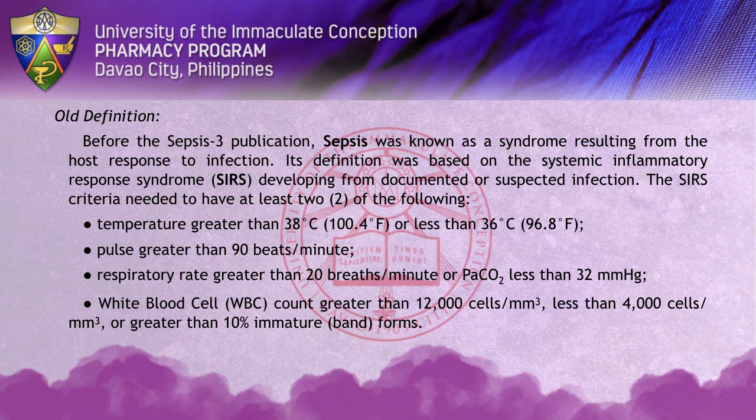The SIRS criteria needed to have at least two of the following: a temperature greater than 38 degrees Celsius or less than 36 degrees Celsius, pulse greater than 90 beats per minute, respiratory rate greater than 20 breaths per minute, or an arterial gas PaCO2 of less than 32 millimeters mercury, white blood cell count greater than 12,000 cells per millimeter cubed, less than 4,000 cells per millimeter cubed, or greater than 10% immature band forms.